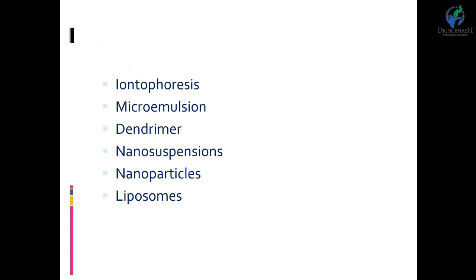In iontophoresis, we apply an electrical field to improve the permeability of the drug. Ocular iontophoresis offers drug delivery that is fast, painless, and safe, resulting in delivery of a high amount of drug to a specific site. That's why we go for this kind of approach.